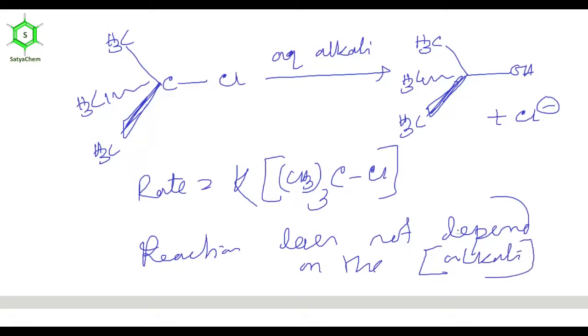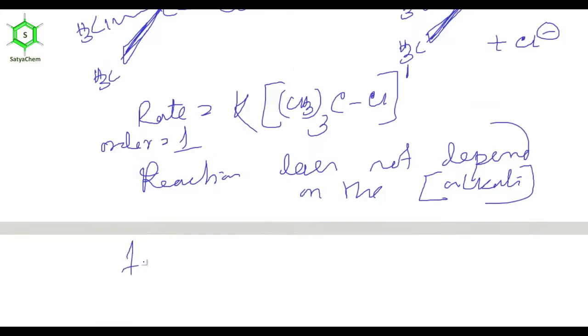I am using the square bracket for concentration. So the reaction is independent of the concentration of alkali and the reaction follows first order kinetics. Yes, the power is 1, so the order is 1. That is very important. This reaction follows first order kinetics.